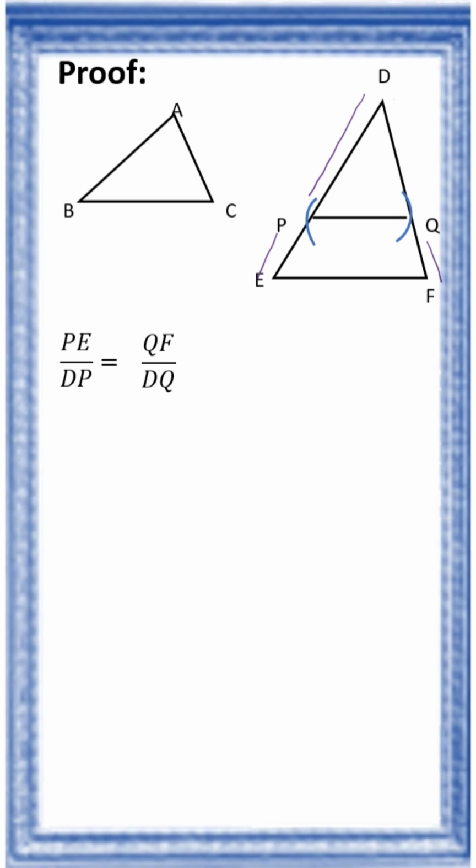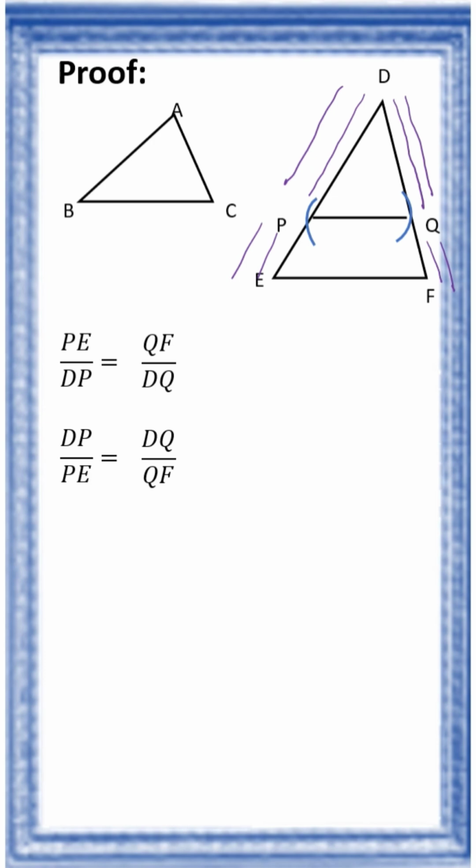Observe the figure. Now let us take the reciprocal. What will you get? DP by PE is equal to DQ by QF. Here what do you observe? Yes, it is the converse of the basic proportionality theorem.